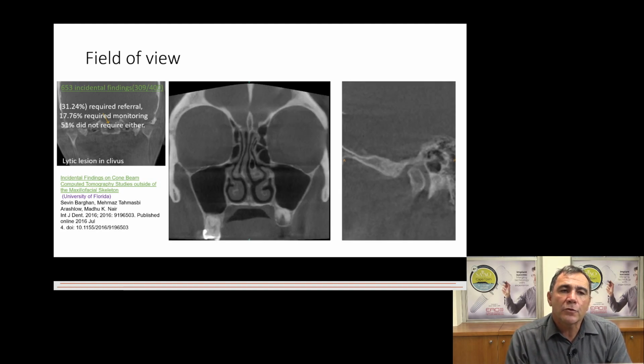And if you look at those two images and you cannot immediately see what I am referring to, you should not take large field images and interpret them. Rather leave it to a radiologist or an experienced person to look at that, because this is the osteomeatal complexes, and by the way, that is my own CBCT, and this is a fibrotic band from an arthritic lesion in the TMJ.